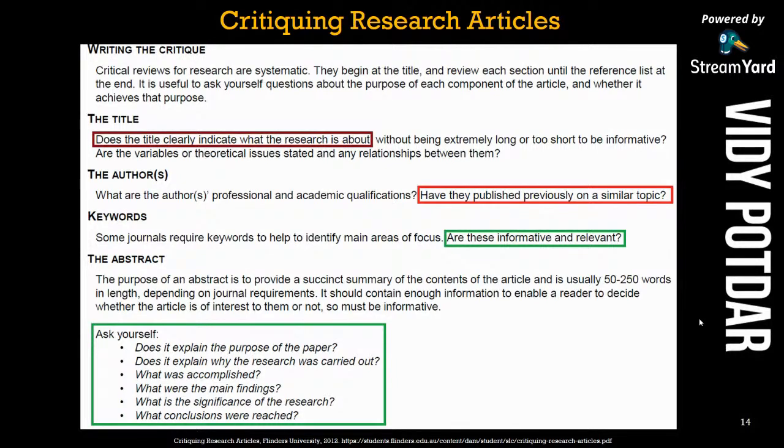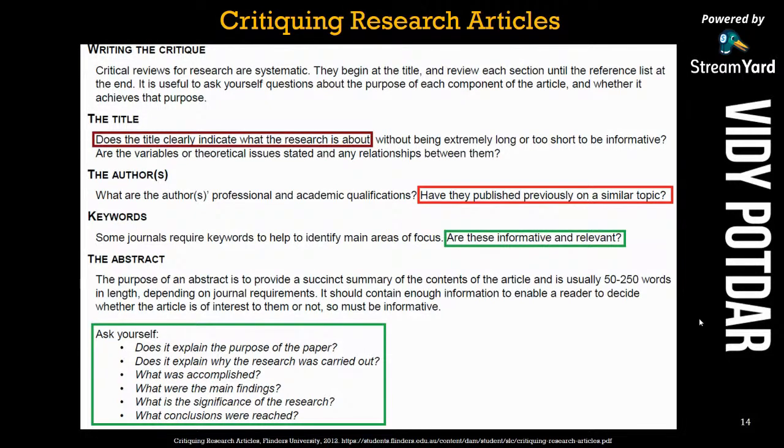The next bit is the authors. In terms of authors, one of the things that reviewers do, and even I do on most occasions, is if I get a paper to review, and it is not a double-blinded review, which means I can see the names of the authors but the authors cannot see who the reviewer is, the first thing I will do is search for the author in Google.